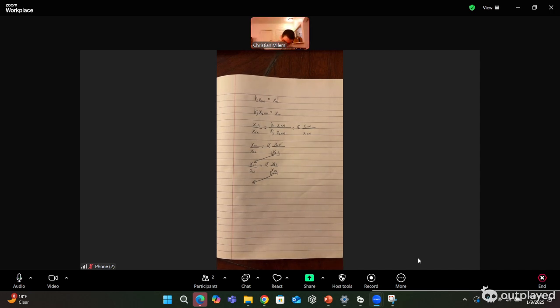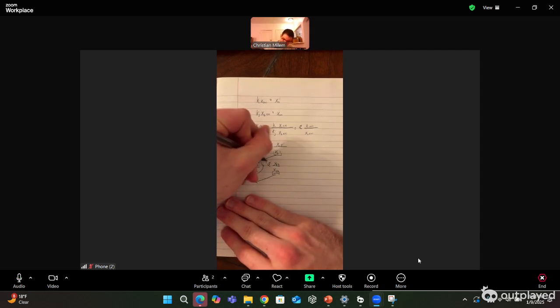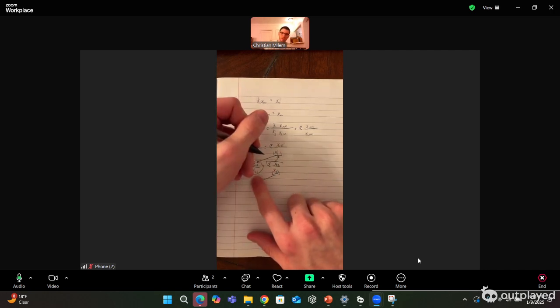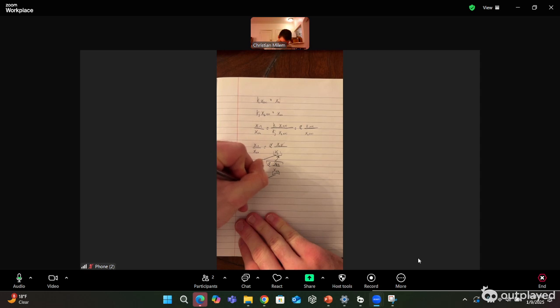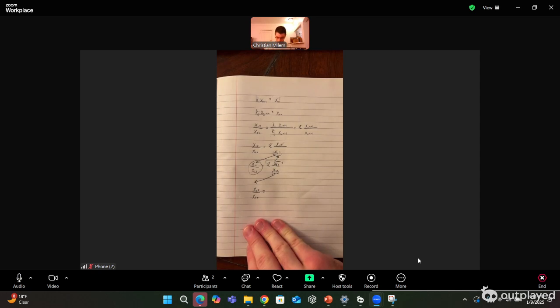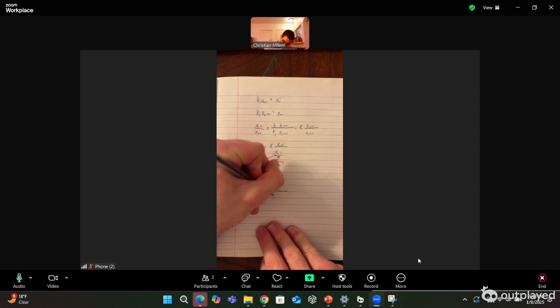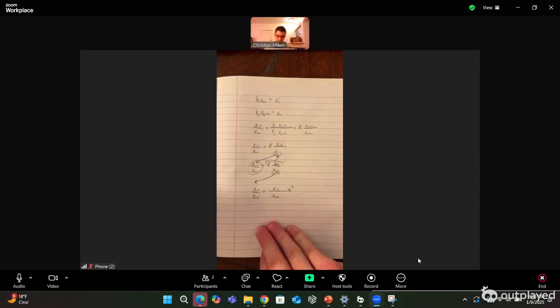So if I substitute what I have in here for x1 at stage 1 over x2 at stage 1, we have x1 at stage 0 over x2 at stage 0 equals x1 at stage 2 over x2 at stage 2 times alpha squared.